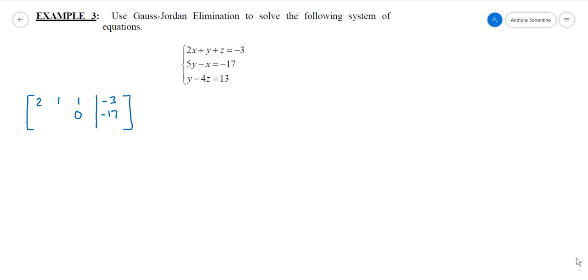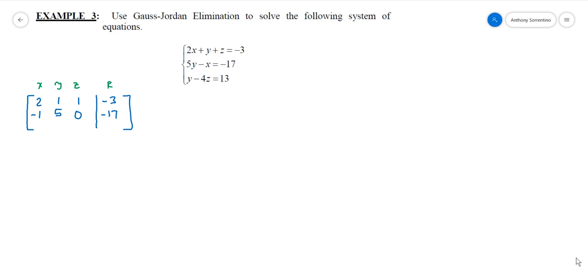I just have to recognize that there's a 5 with the Y, and there's a -1 with the X. Recognizing that as I write this out, I want to have an X column, a Y column, a Z column, and a result column. So as long as I'm aware of what variables have which coefficients, I don't have to rewrite the equation completely before I write the augmented matrix. And anything missing would be a 0.